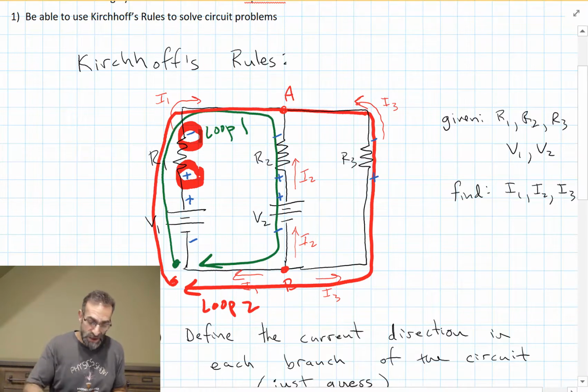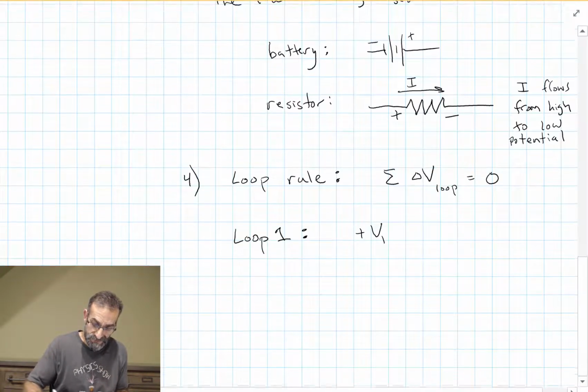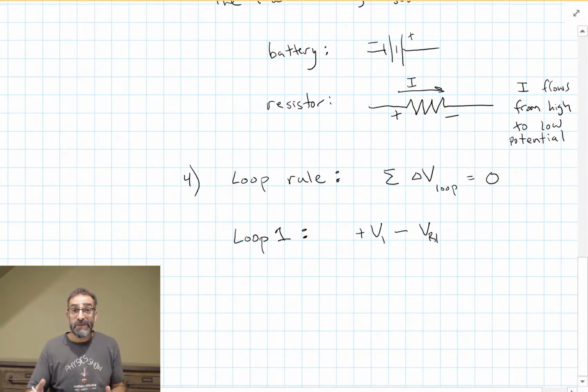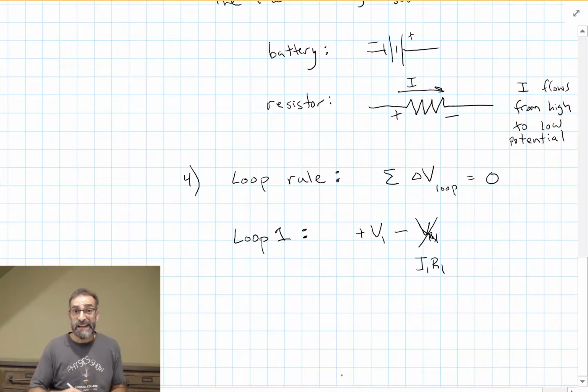So I'm dropping by the voltage across resistor R1. And what's the voltage across a resistor? I times R. So I'm going to write it as I1 R1.